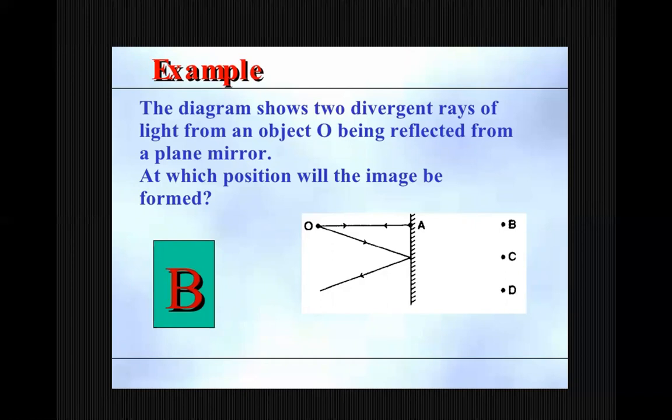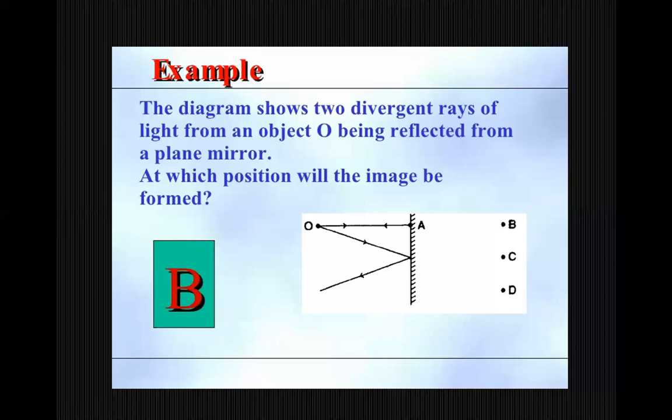For that, you always have to recall the properties of image formation in a plane mirror. The object distance and image distance will be equal. Now measure this distance and draw a perpendicular line, and the point where it intersects will definitely be point B. It will never be point C or point D. So point B is the answer.